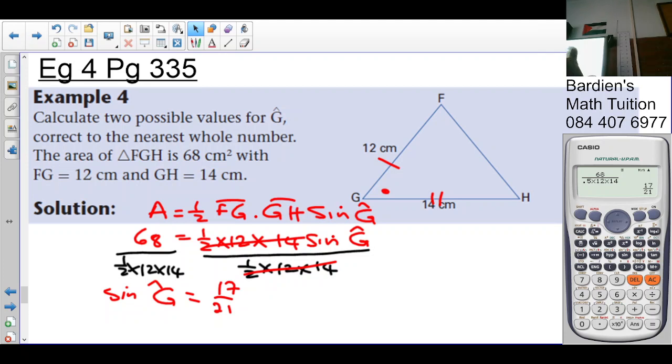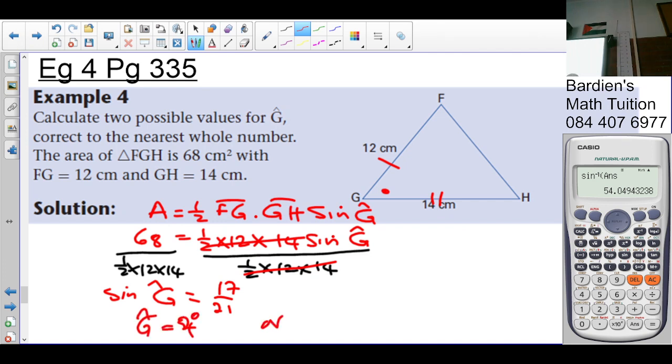Okay, so how do I work out the angle? It's an arc sine, or shift sine. Use your calculator, and to the nearest whole number it's going to be 54. So angle G is equal to 54 degrees, or its obtuse equivalent, which is 180 minus that angle. Remember that sine is positive here. In which quadrants is sine positive?